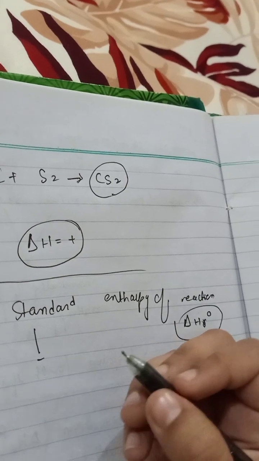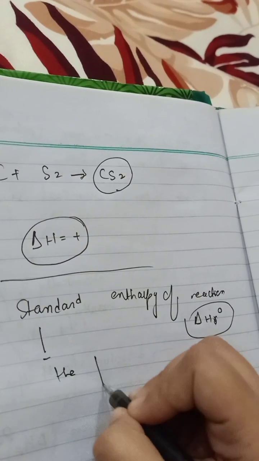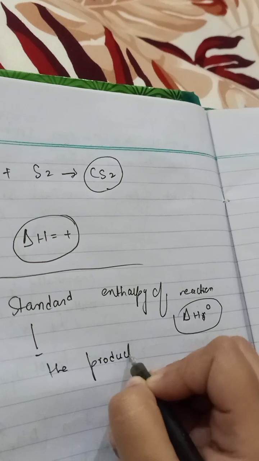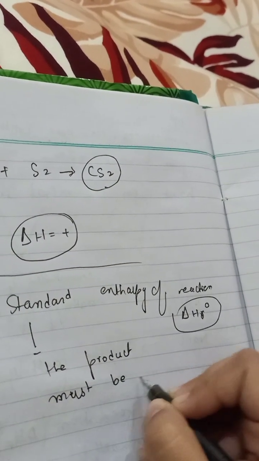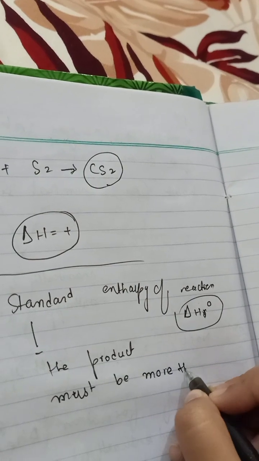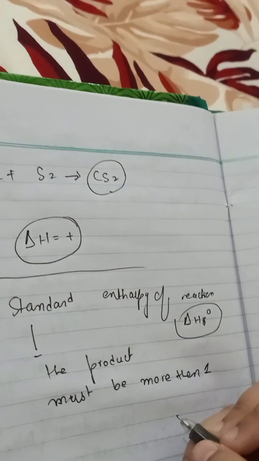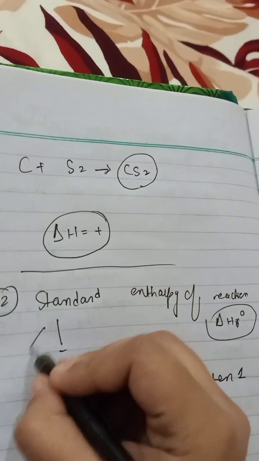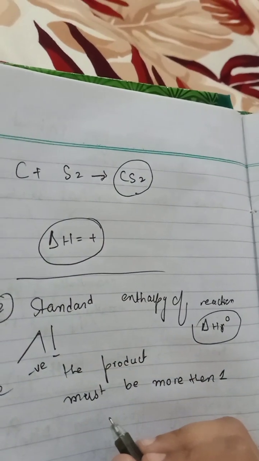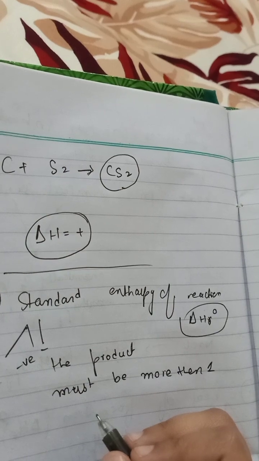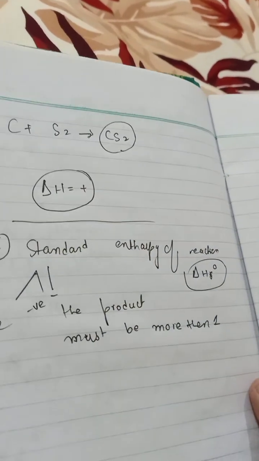The condition is the product must be more than one mole. And it can also be positive or negative. Both reactant and product molar quantities will be the same.